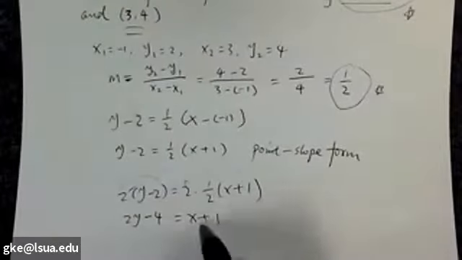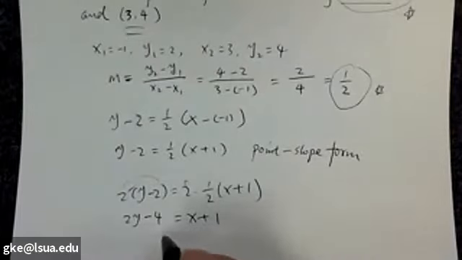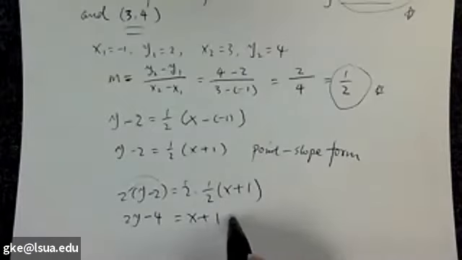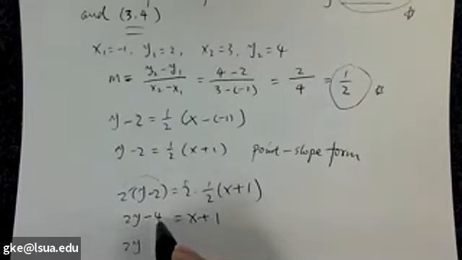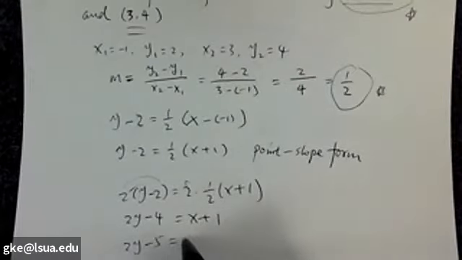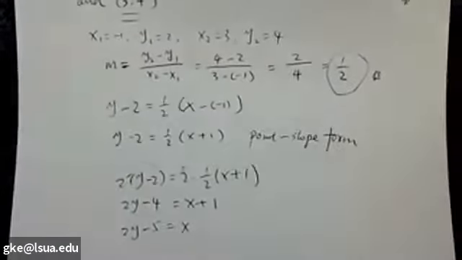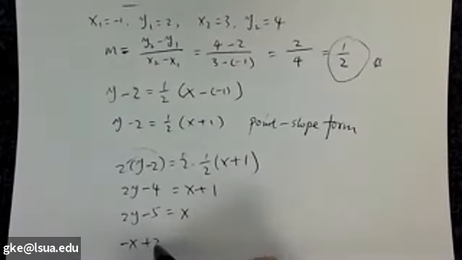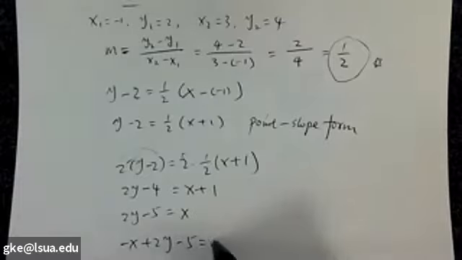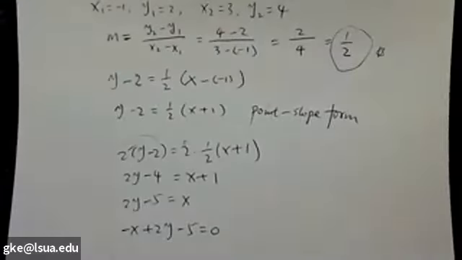And then you're gonna remove the x and the 1. So if you remove the 1, subtract 1 for both sides. Subtract 1, subtract 4, subtract 5. Okay. And remove the x, subtract the x for both sides.